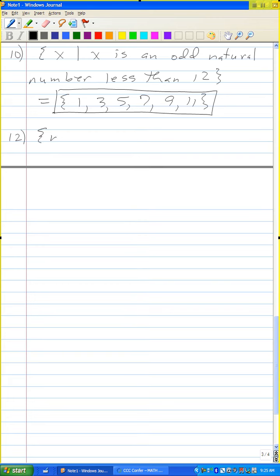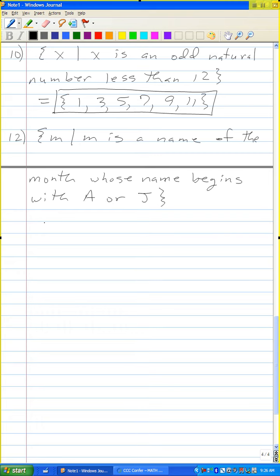Problem 12. The set of all m such that m is a name of a month whose name begins with A or J. And so January, April, June, July, August.